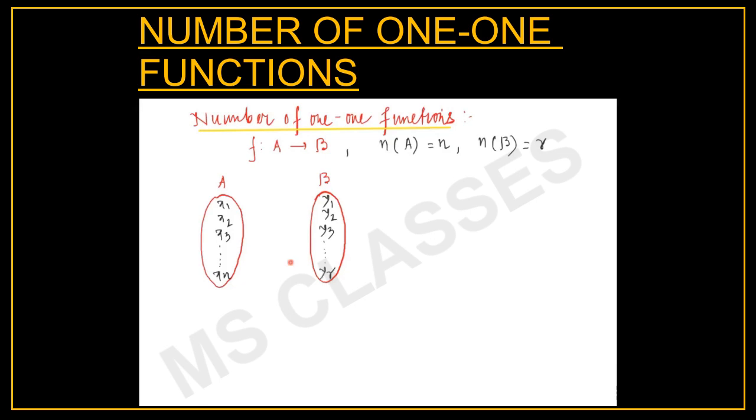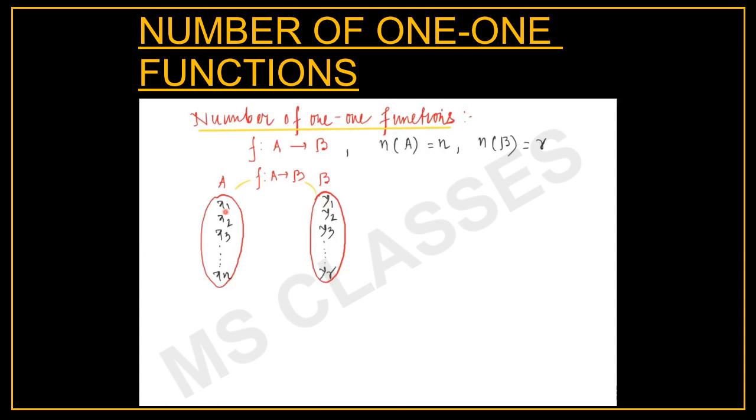When f maps from A to B, it is a one-one function. That means all the elements in the domain should have distinct images, and simultaneously all the images should have distinct pre-images.